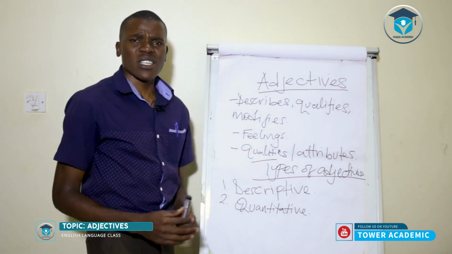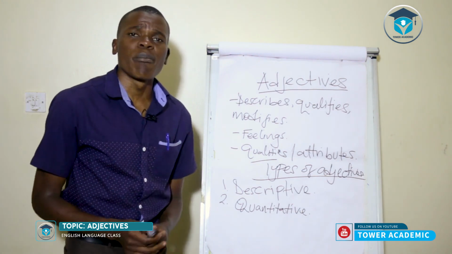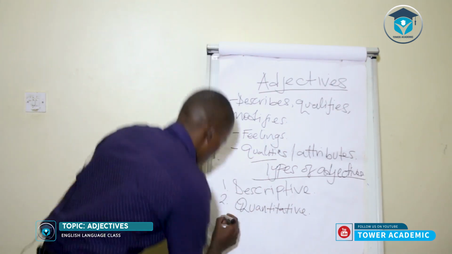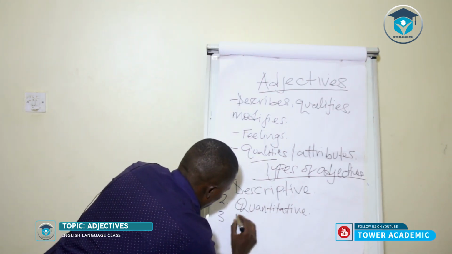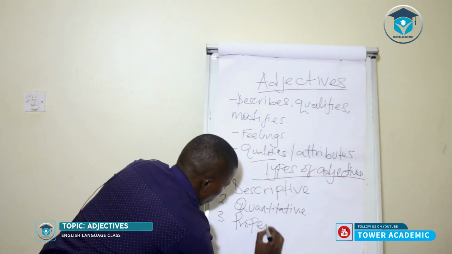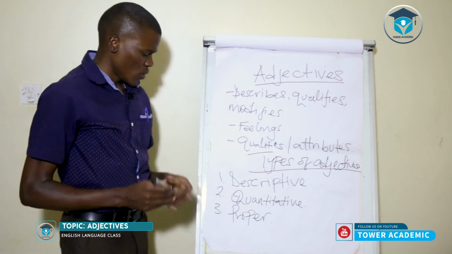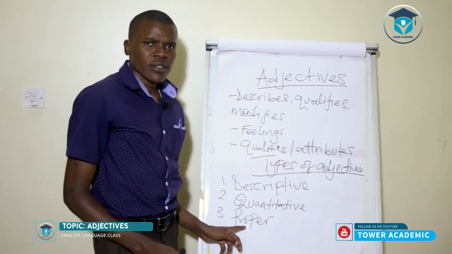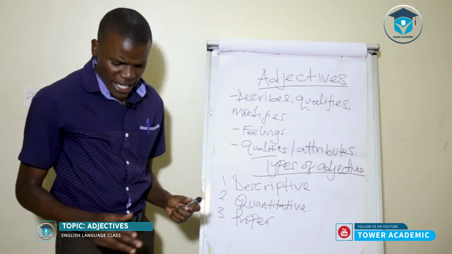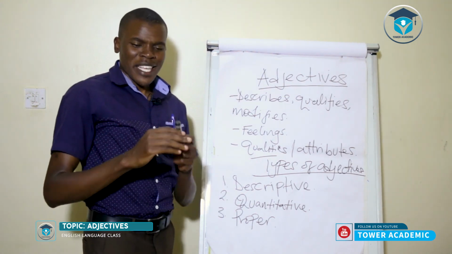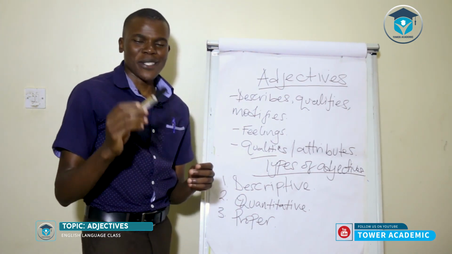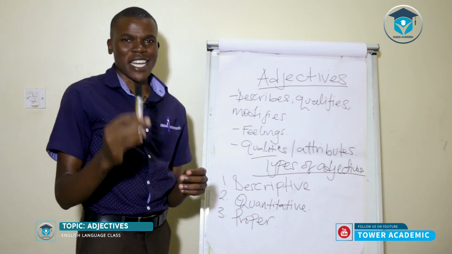The other type of adjectives that I would like us to discuss here is the proper adjectives. Proper adjectives. Well, proper. When I say, I would like to use this marker to illustrate this.